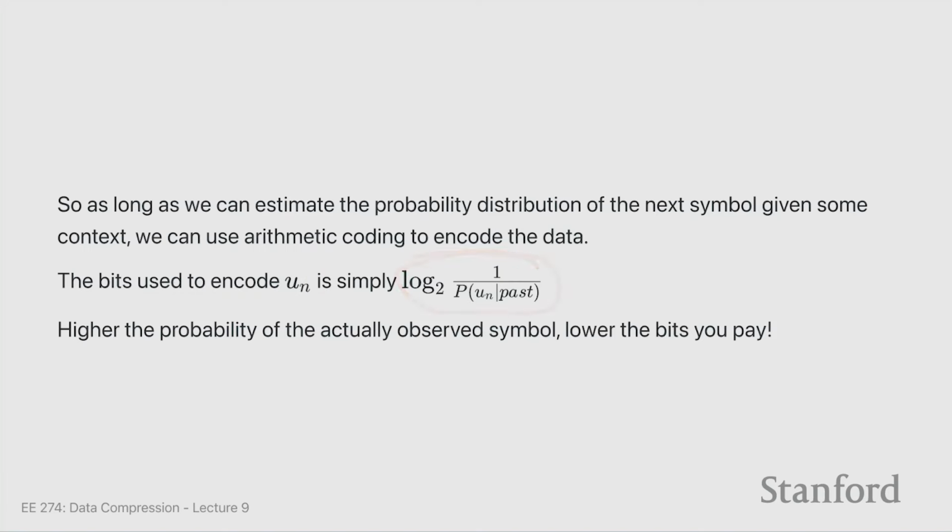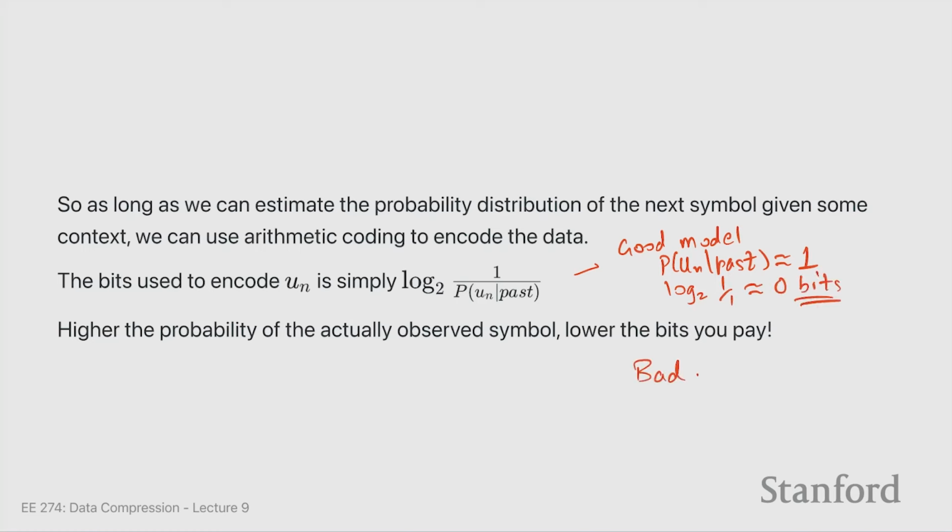Let's do it more specifically, right? A good model will have p of u_n given the past close to 1 if it's a very good model. It will truly be able to predict strongly that this should be your next thing. And so then you pay basically 0 bits. That's really nice, right?